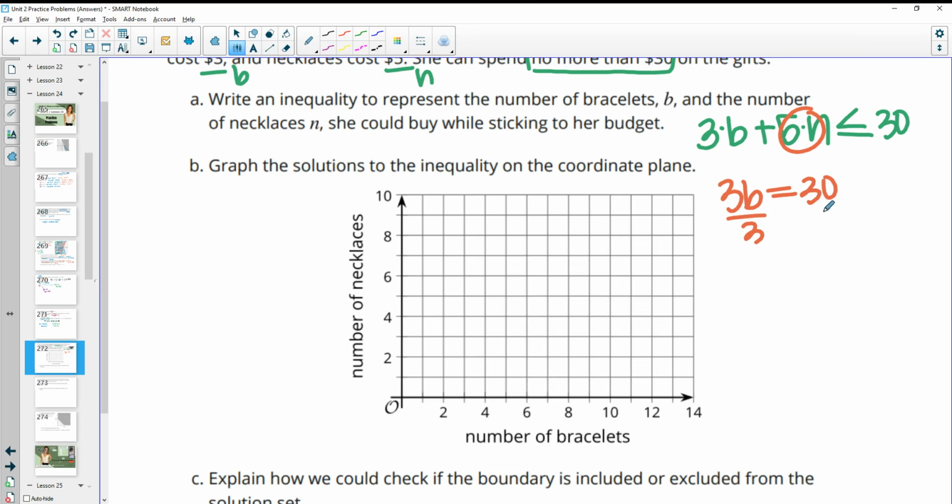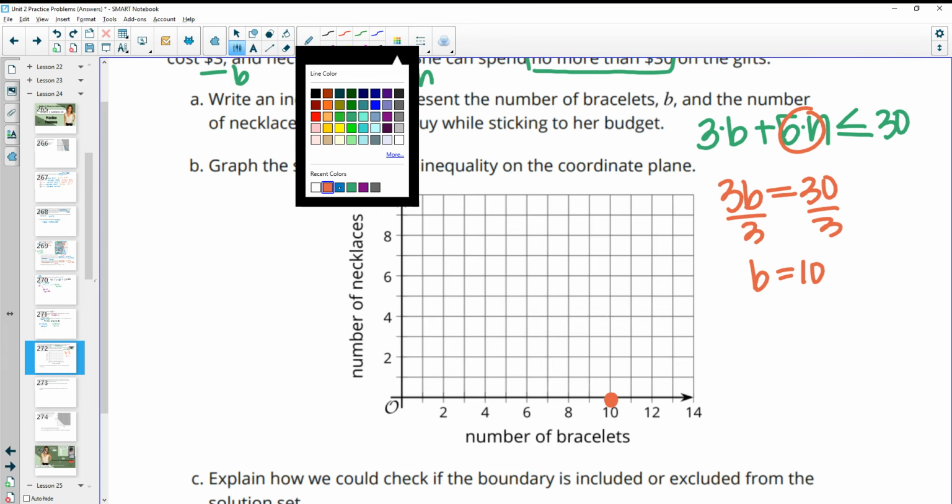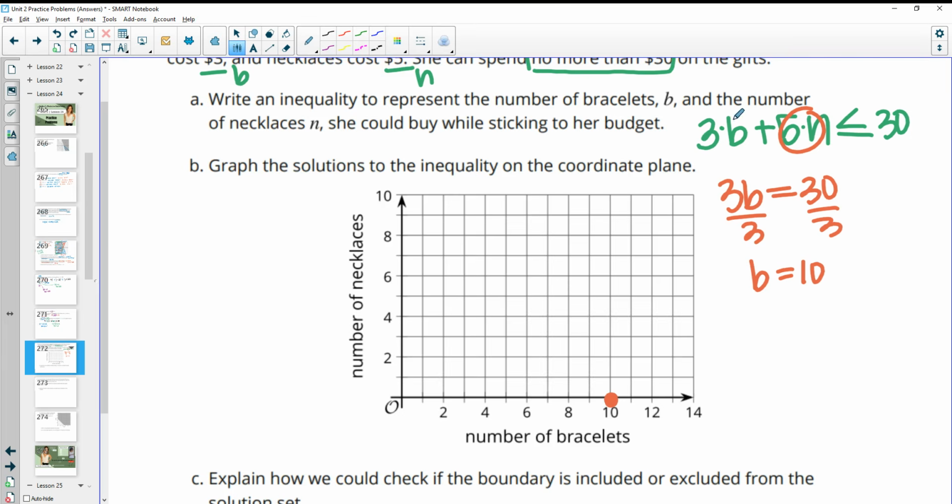So then divide by 3, and we would get 10 bracelets. So if she buys no necklaces, then she's buying 10 bracelets. Similarly, if she buys no bracelets, how many necklaces would she have to buy to get to 30? And so then we could divide by 5, and we get that she would have to buy 6 necklaces to equal out to that $30.